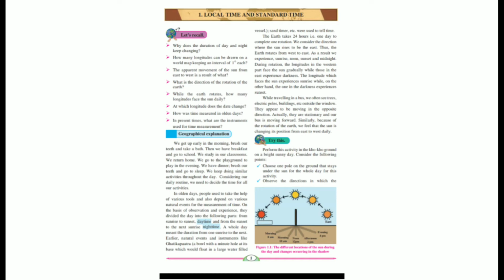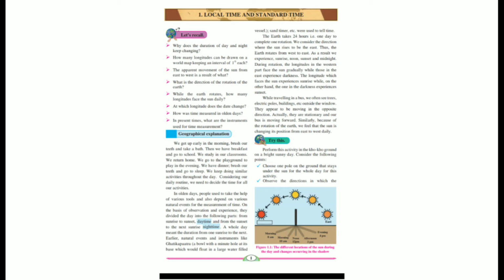In olden days, people used to take the help of various tools and also depend on various natural events for the measurement of time. I told you about the Ghatika Patra, sand clock, shadow clock and calendar; like that, people in olden days used these time measurement tools. On the basis of observation and experience, they divided the day into the following parts.